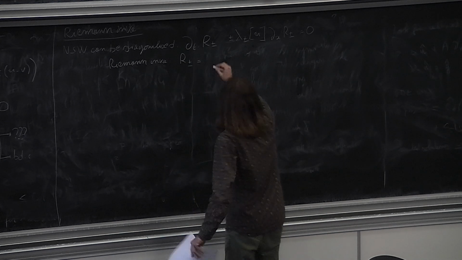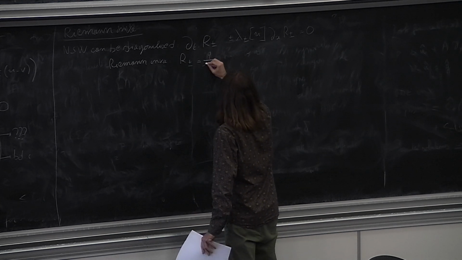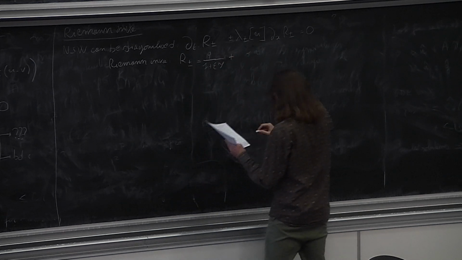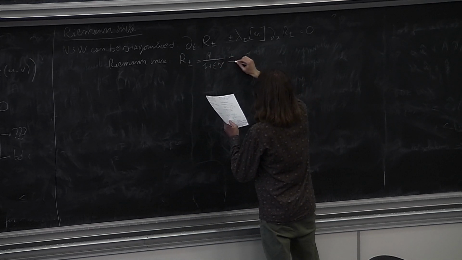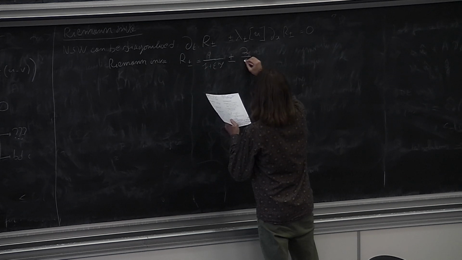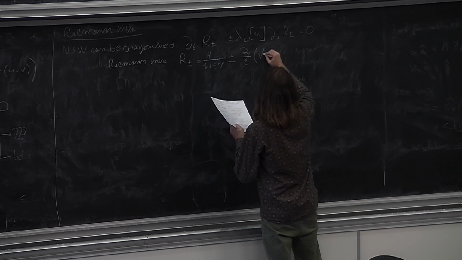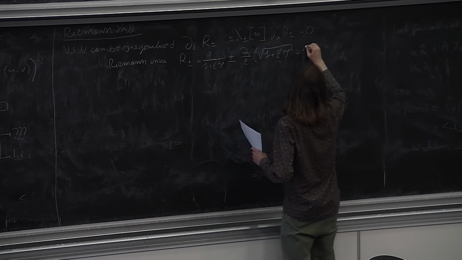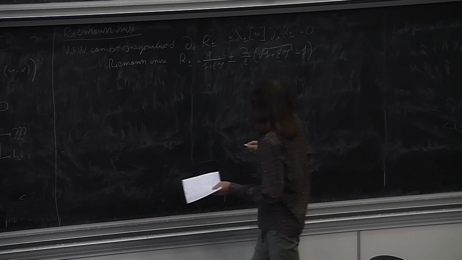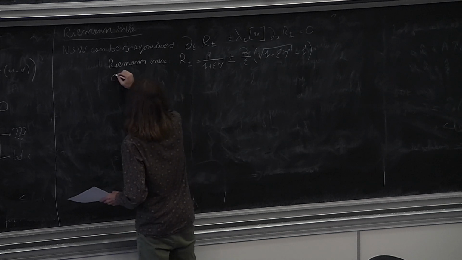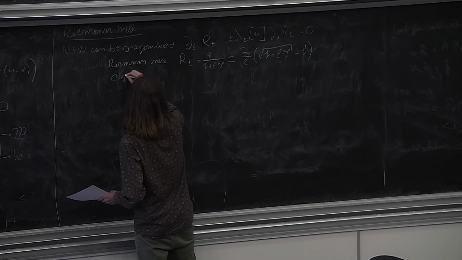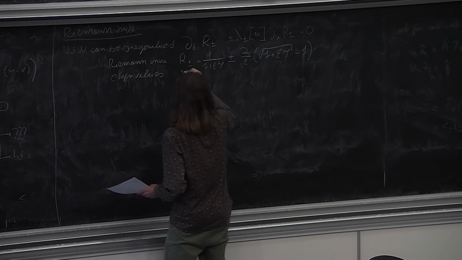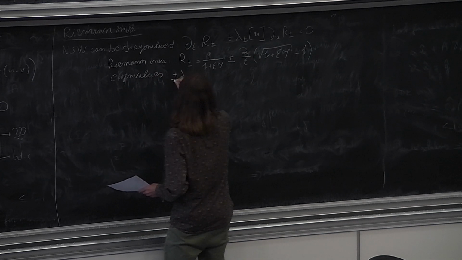It's a Q 1 plus, and here plus minus 2 over minus 1, and the eigenvalue plus minus.